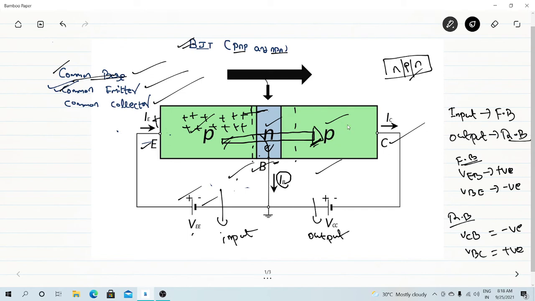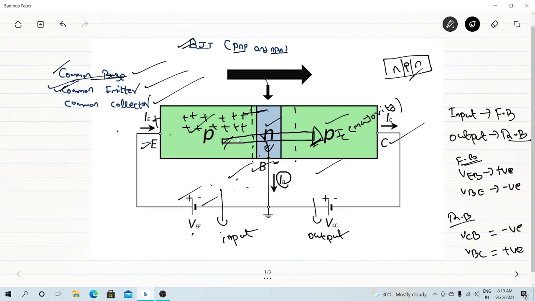This is basically IC majority. And in the n side, holes will act as minority carriers.